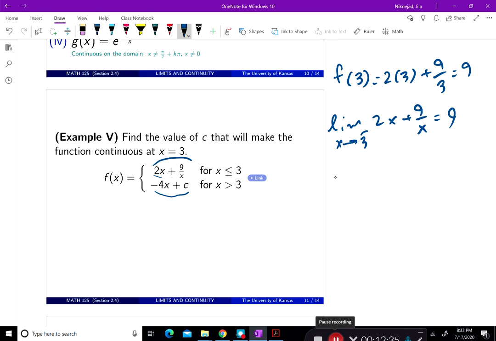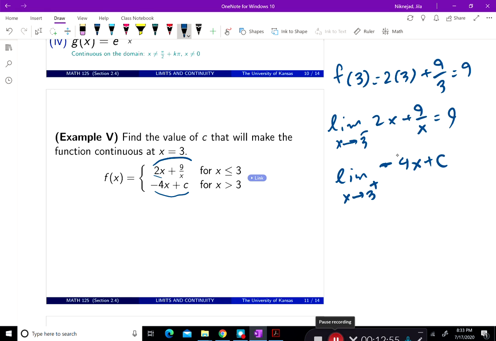And then for the limit from the right side, I have to use the piece that is to the right side of 3. Those are x values bigger than 3. So I have to find the limit of this.